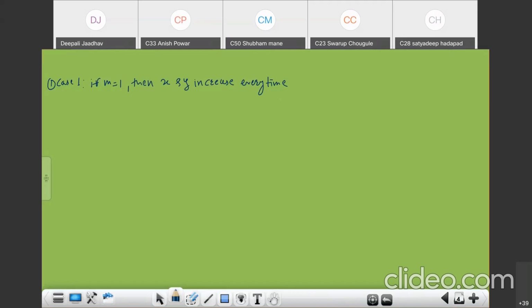Second, if m is less than 1, means the line is less than 45 degrees.